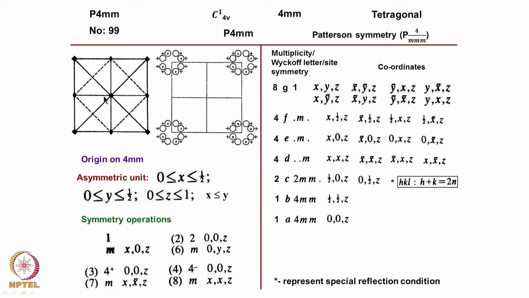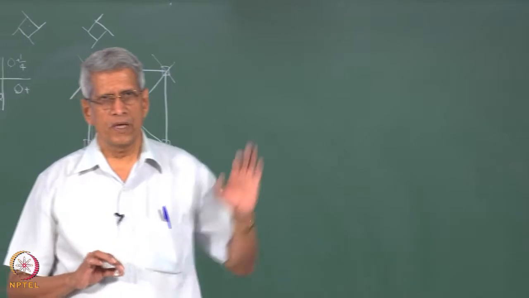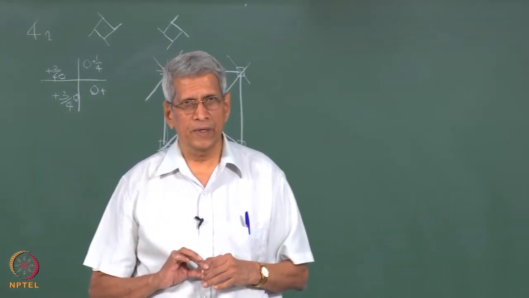Okay, so these are all the positions where an atom or a motif could be kept. The simplest case which we can take is we assume that we are taking an atom and trying to form a crystal having this symmetry. Okay.